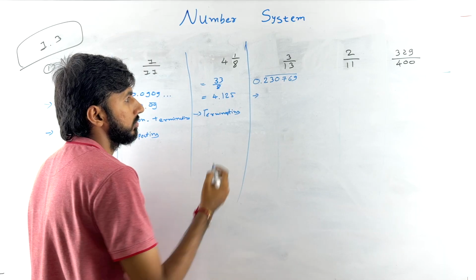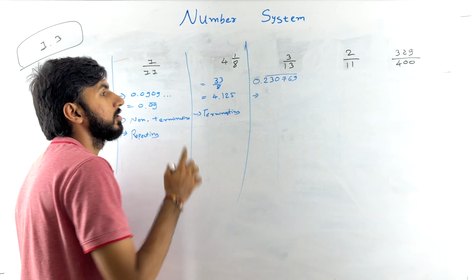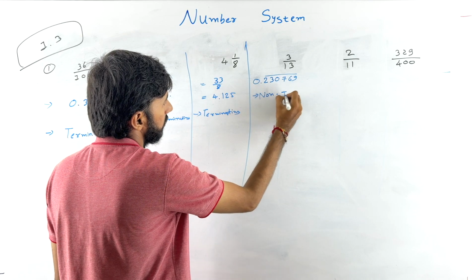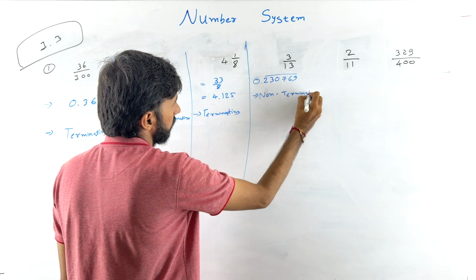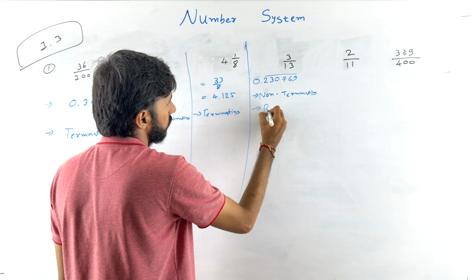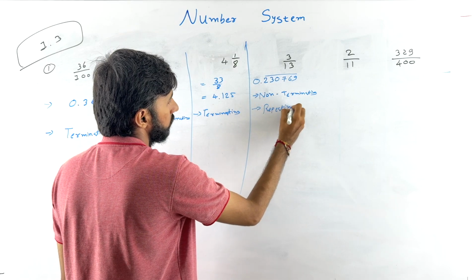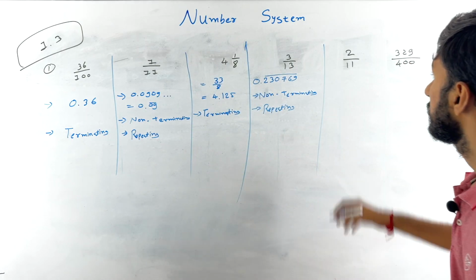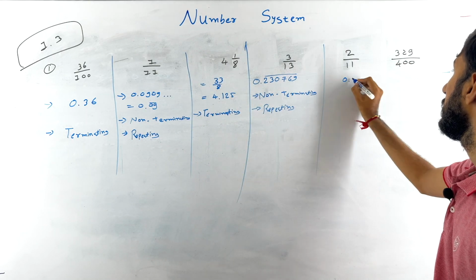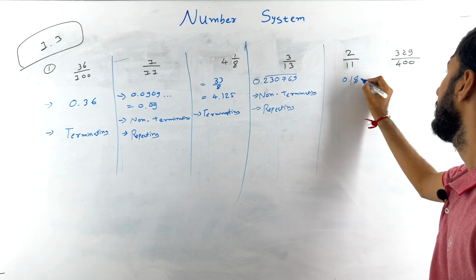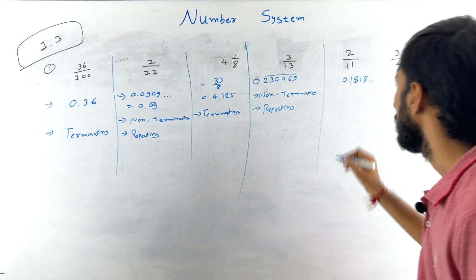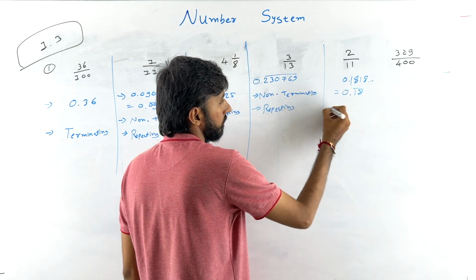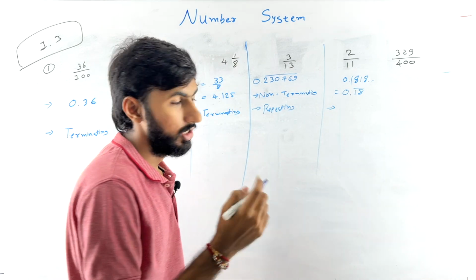So there is a bar, that means this is non-terminating, and also repeating because it is a bar. Now if you divide 2 by 11, the answer will be 0.1818 and it will go on. So you can write it easily as 0.18 bar. That means this is non-terminating and repeating.